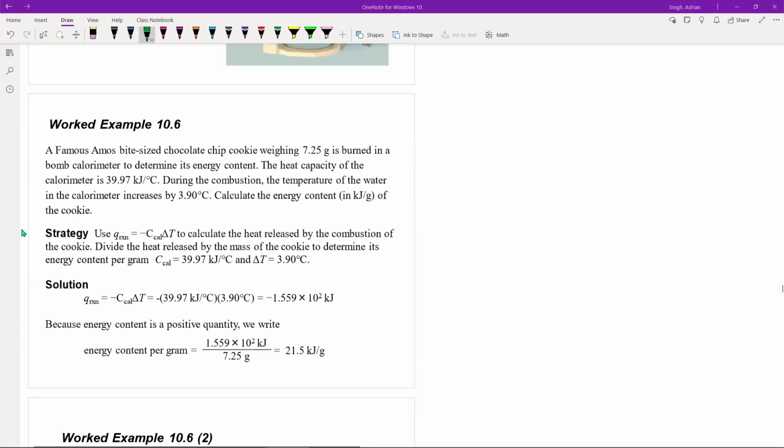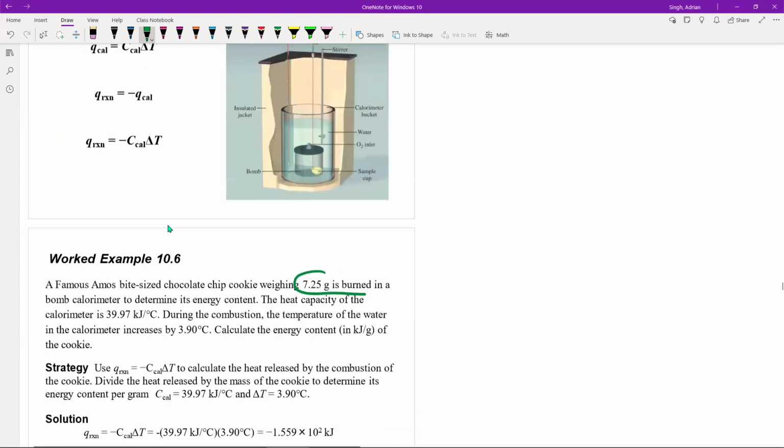So here we have an example. We have a bite-sized chocolate chip cookie that weighs 7.25 grams, and it's burned in a bomb calorimeter. They take that cookie and put it here, that's where the cookie is. They light it on fire and burn it in the bomb, and that causes the temperature of the water on the outside to increase.